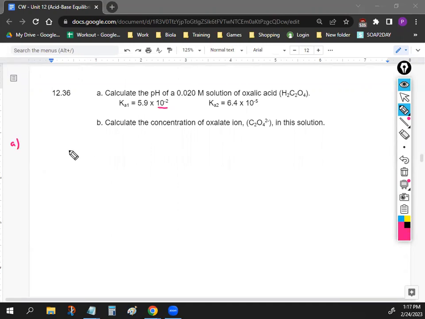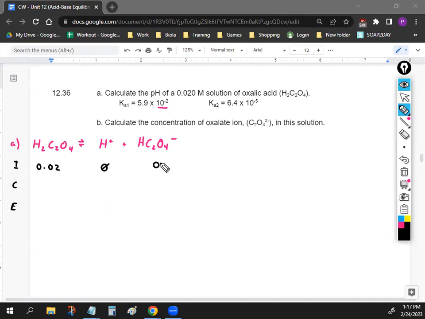Anyway. Okay. So the first thing you want to do is write your equation. You've got your acid, and it's going to dissociate in the first ionization, so it's going to be H plus and HC2O4 minus. Okay. So we're going to set up our ICE table. We have our initial concentration for the acid, which is 0.02 molarity.